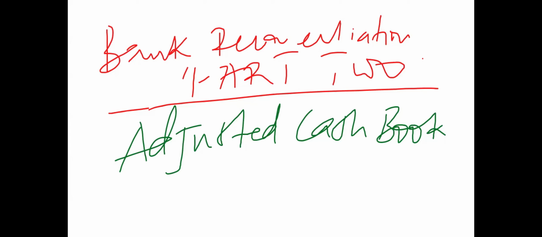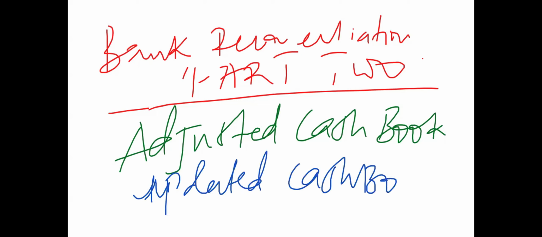If they don't call it the adjusted cash book, you can call it the updated cash book. You're just updating the previous one, because in the question they will give you both the bank statement and the cash book of the business. Then you'll be able to maneuver through, see what is required and see what to do.